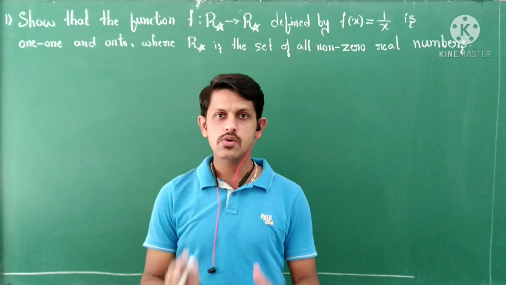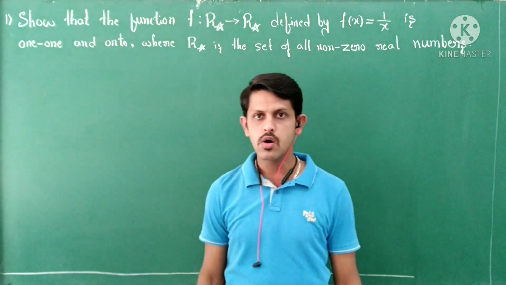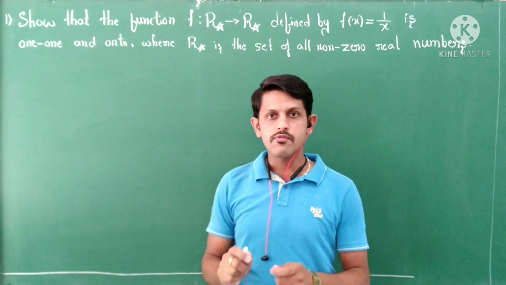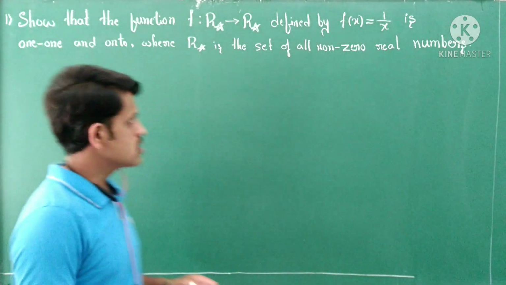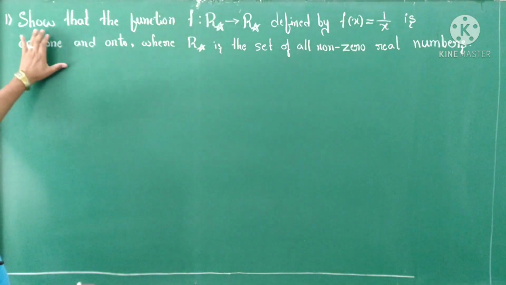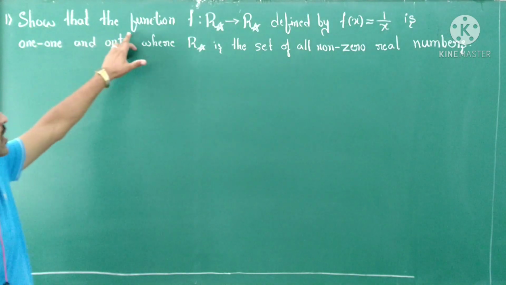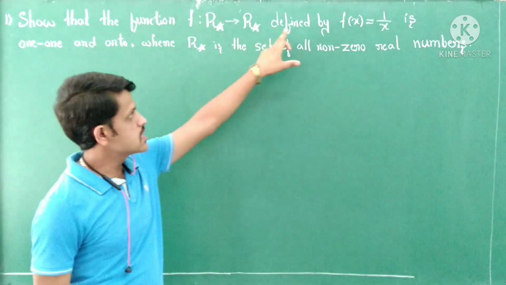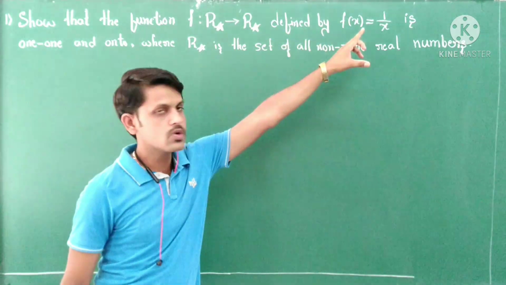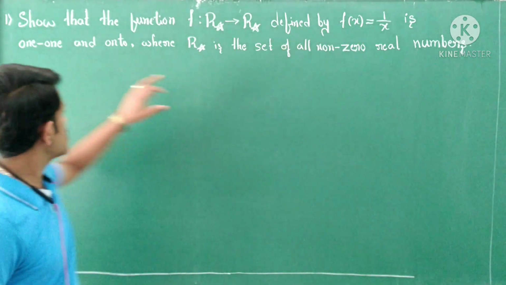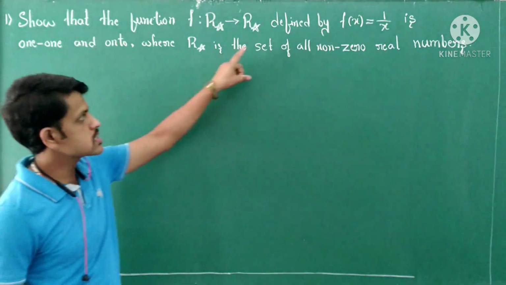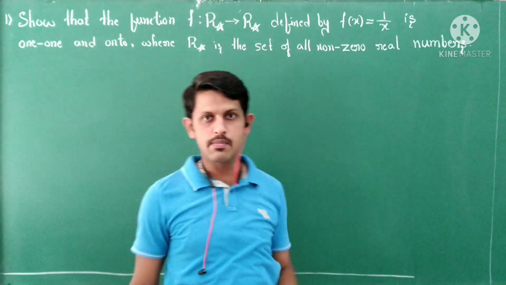Dear students, now let us go with the first example on relations and functions, the 5 marks question. Show that the function f from R star to R star defined by f of x is equal to 1 by x is one-one and onto, where R star is the set of all non-zero real numbers.